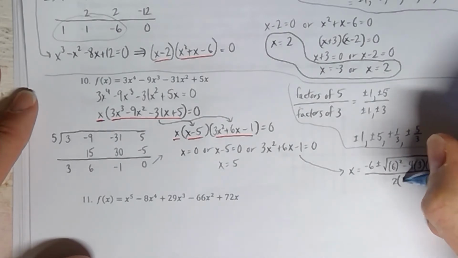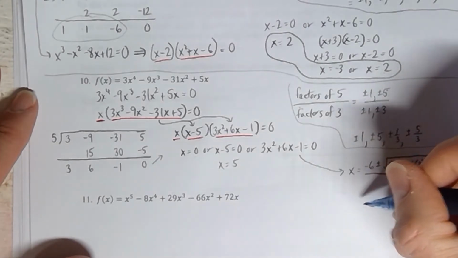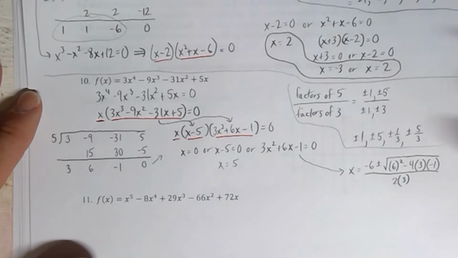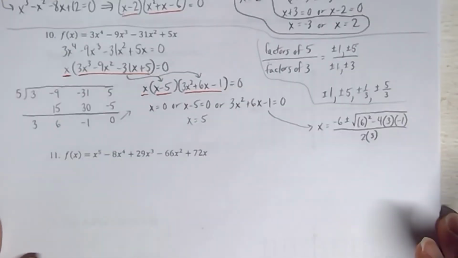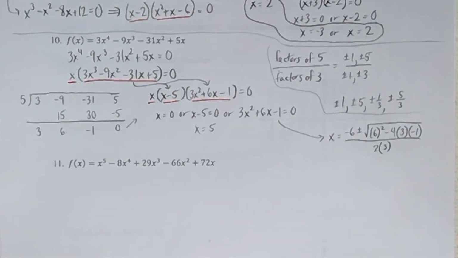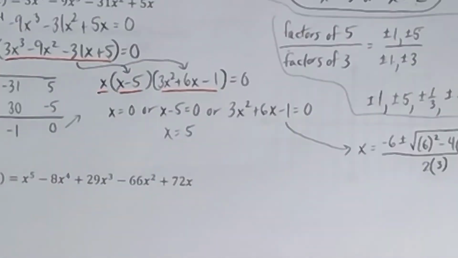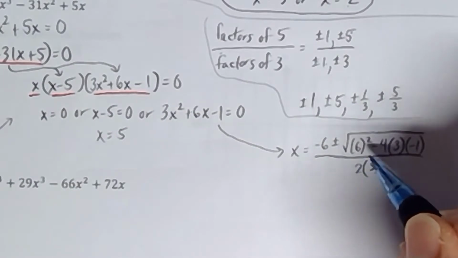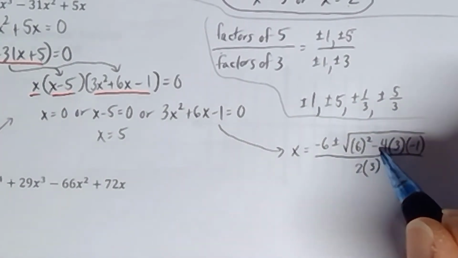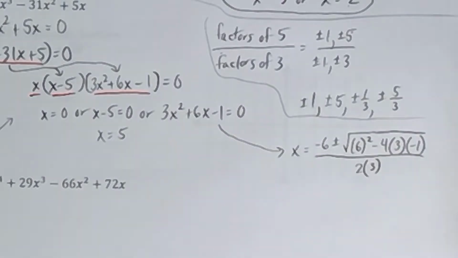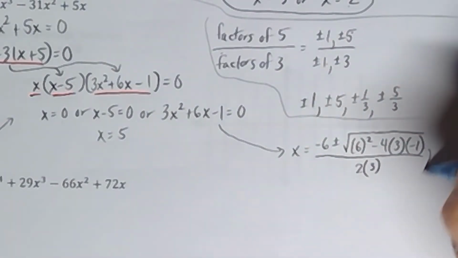Here it is. What does this become? This ends up becoming the inside of the radical is equal to, let me zoom in there a little bit more for you, 36 plus 12, which is 48.